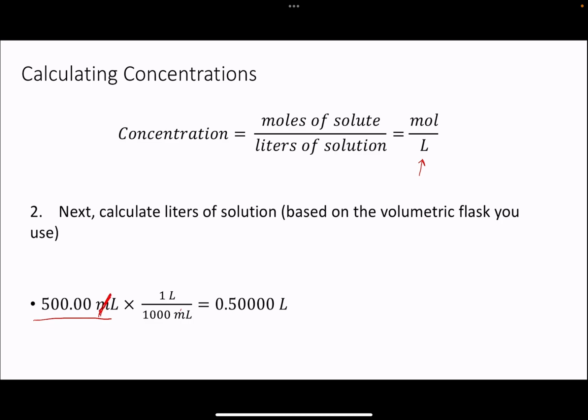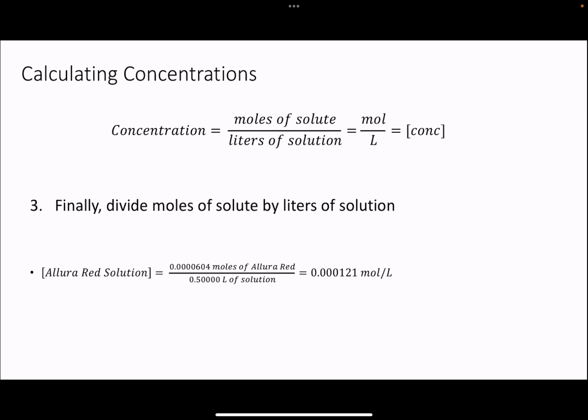So if we put this above this, then those millis cancel out, and you're left with liters. That should give us 0.5 liters. So now we've got liters of solution calculated. Now that we've got both parts, we can go ahead and plug them into that formula. This is from the first step. Second step, we just divide that by 0.5, and we have the number of moles.